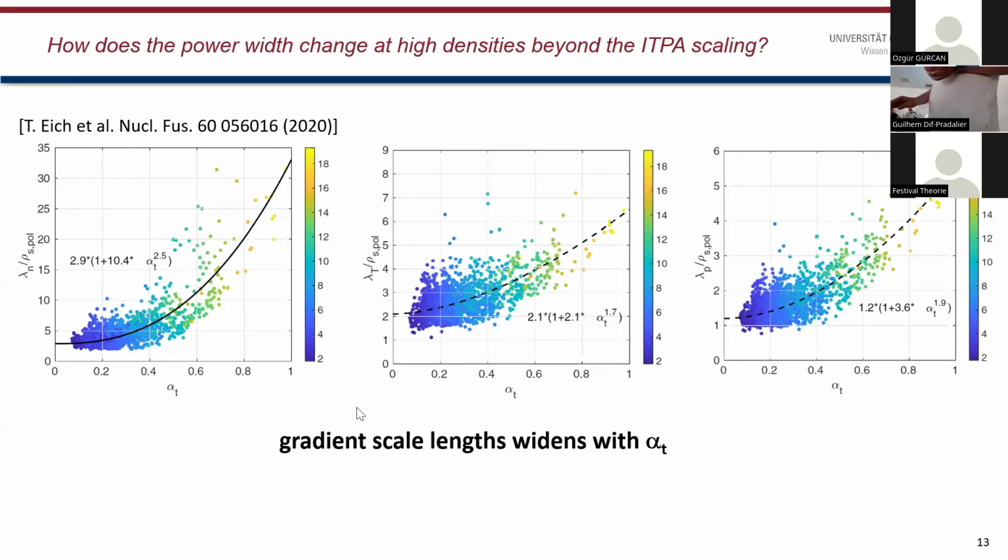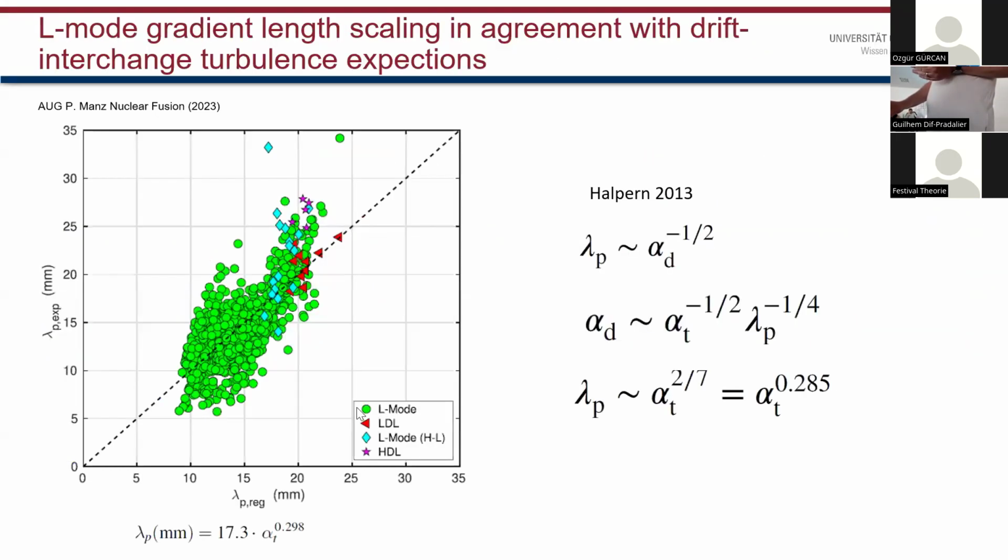So we have answered the first problem, and then we were very happy. But during this time we had to see, okay, we had this parameter. So if you have drift-interchange turbulence, then you can calculate from this alpha d parameter, or you can also do it with alpha t, what you can expect in scaling for drift wave interchange.